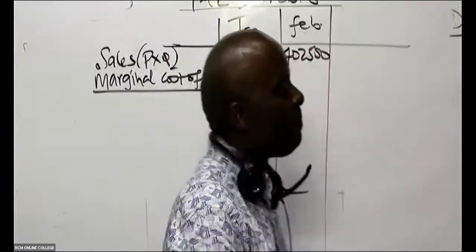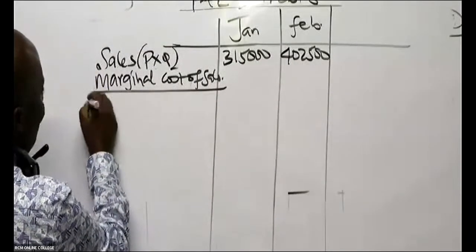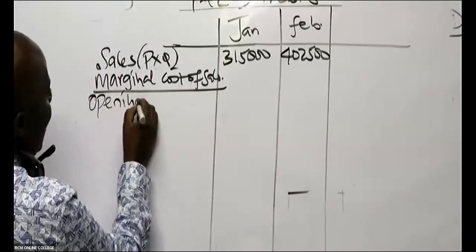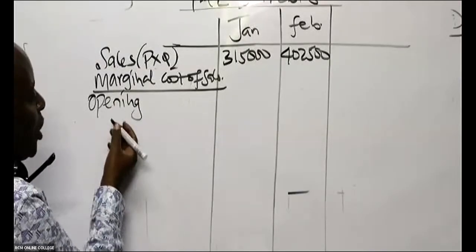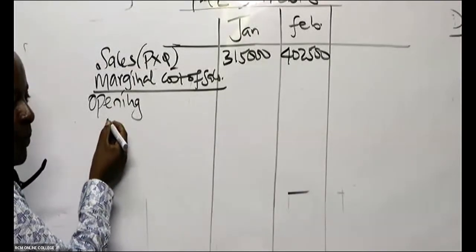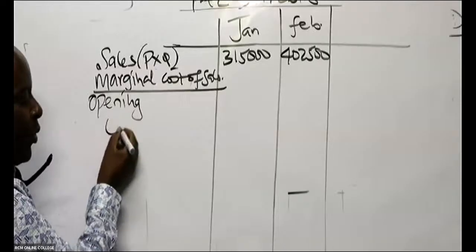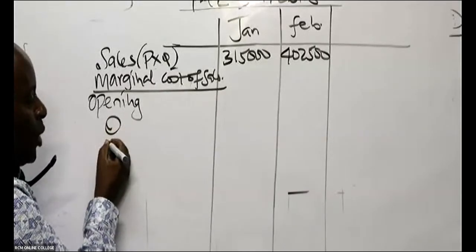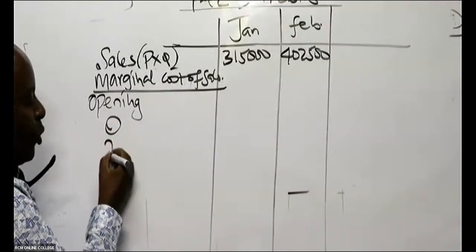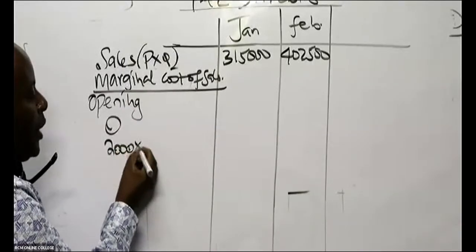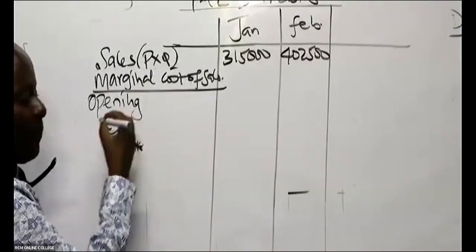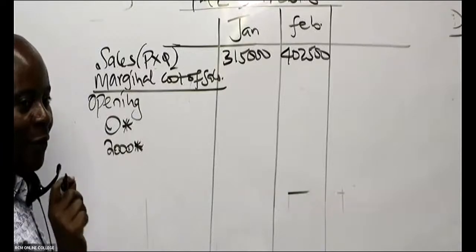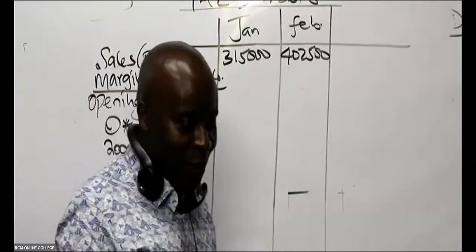Closing. So we start with opening. Now, from the table that we did, what was the opening stock in January? 0. How about February opening? 2,000.